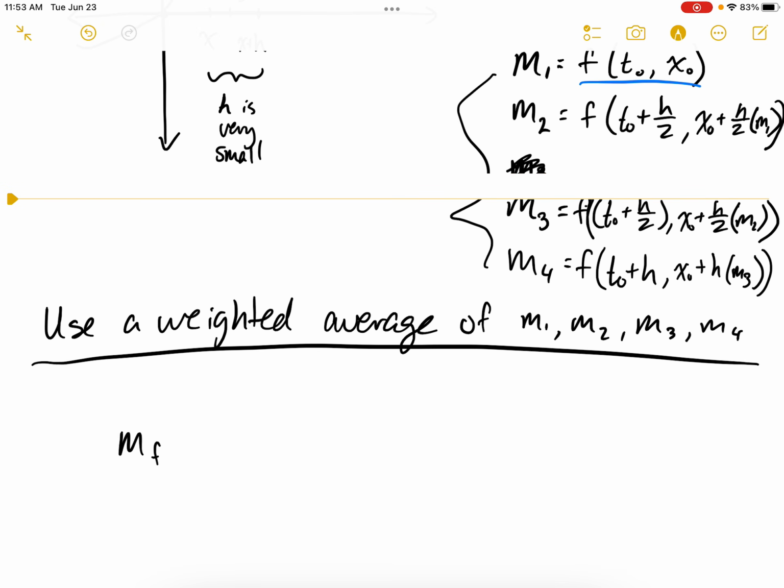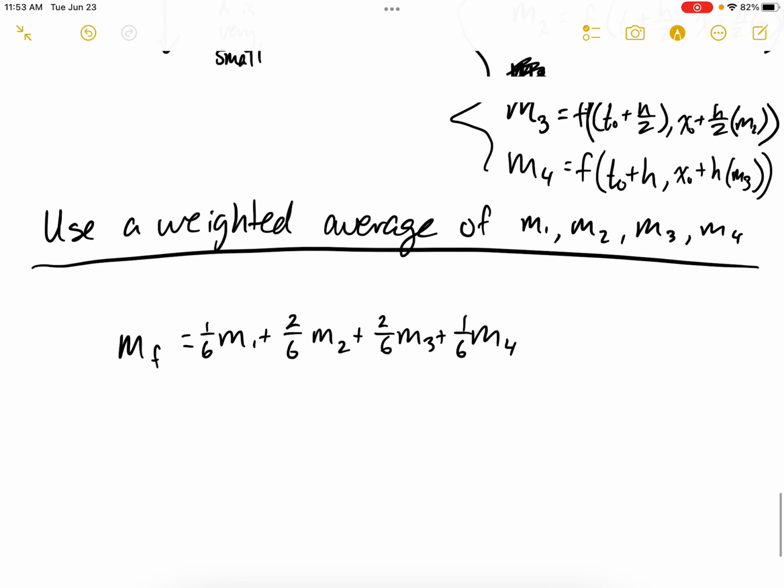So I'm calling this M final. The middle 2 will get double the weight of the ones on the outside. So these will get a weight of 2 over 6, and the ones on the outside get a weight of 1 over 6. So now we have our weighted average.